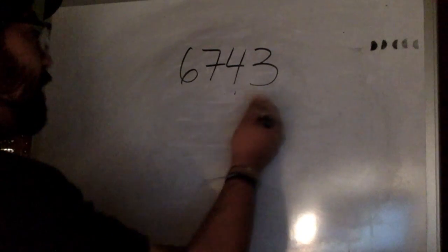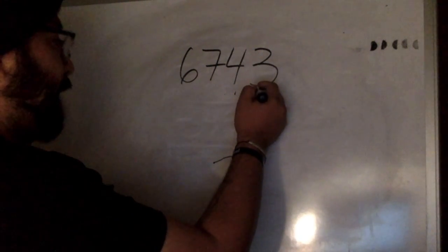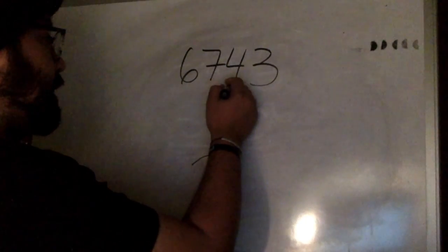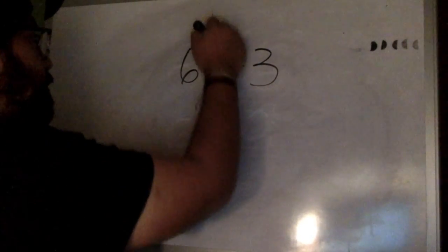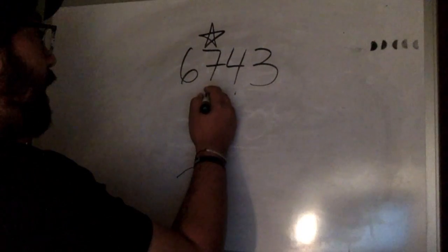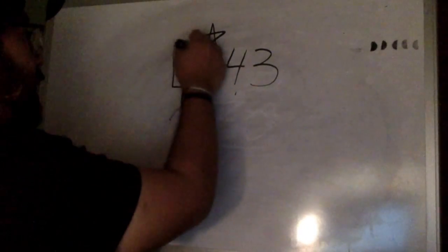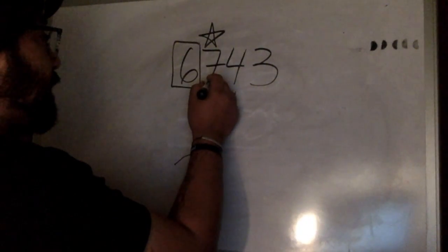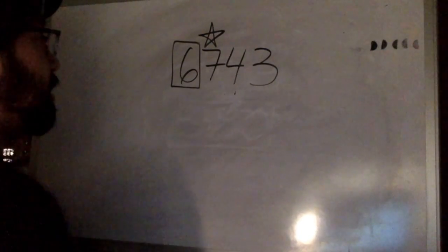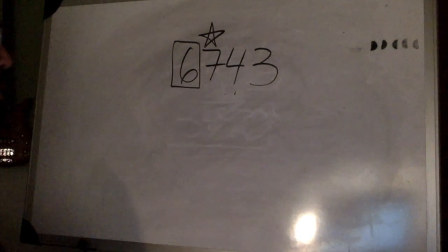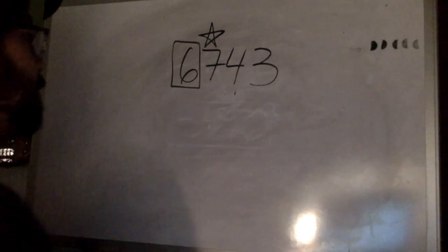This time we're rounding to the nearest 100. So once again, find the 100. Ones, tens, hundreds. And the royal family, you cannot touch them. Now, once again, look next door. Is Cinderella's sister 5 and above or 4 and below? She is 4 and below.